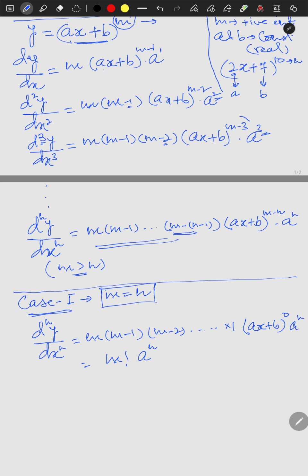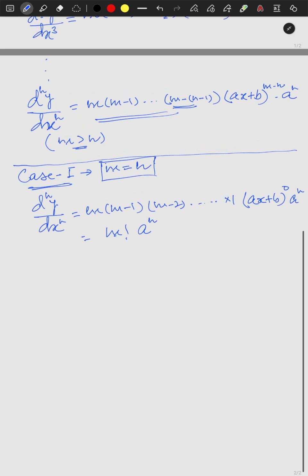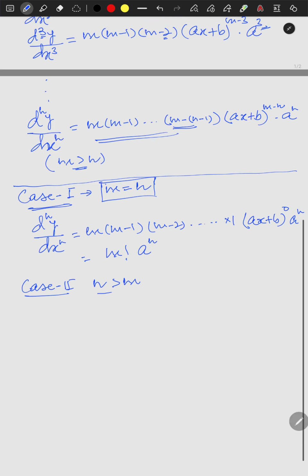So this is a particular case of this formula, and we can immediately discuss case 2 after this case 1. If n, the order of the derivative, is greater than m, the degree or the power of ax plus b, then it is easy to verify that the nth order derivative is 0.